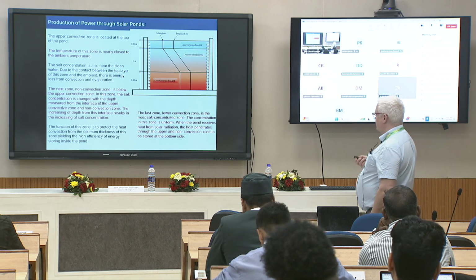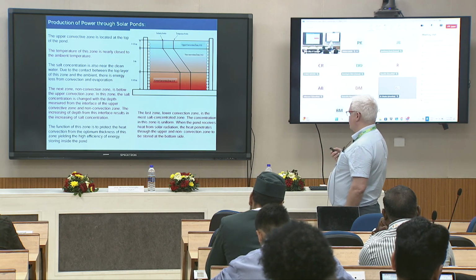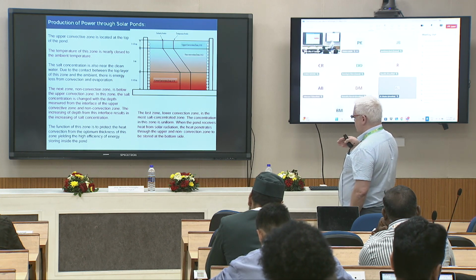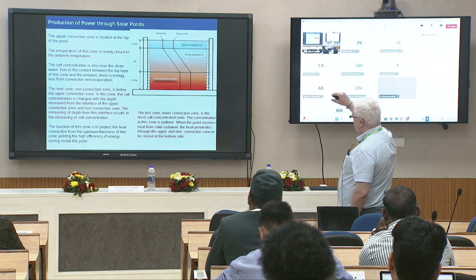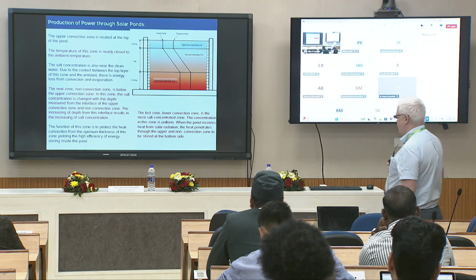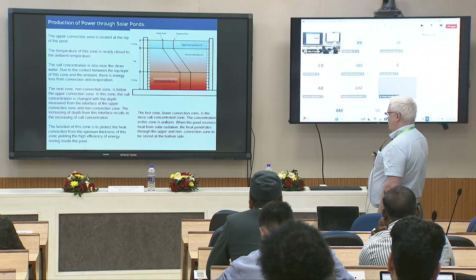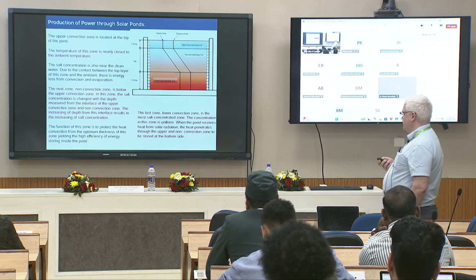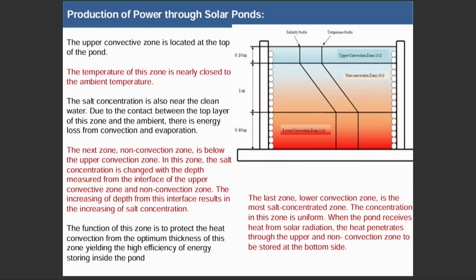The salt concentration inside this zone changes with depth, so it's not constant compared to the upper and bottom layers, and increasing depth from this interface results in increasing salt concentration. The last zone, the lower convection zone, has the highest salt concentration and also the highest temperature, as I mentioned, because the depth is not so high, so the radiation goes all the way to the bottom.